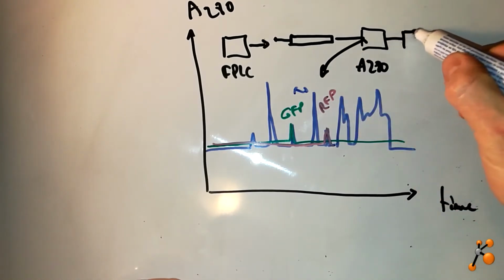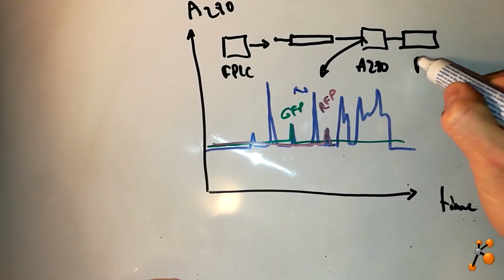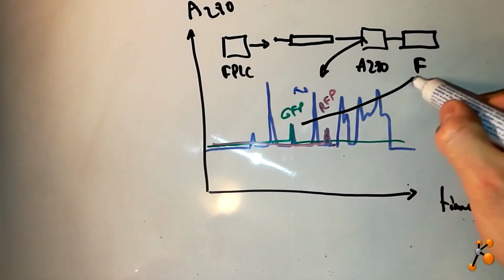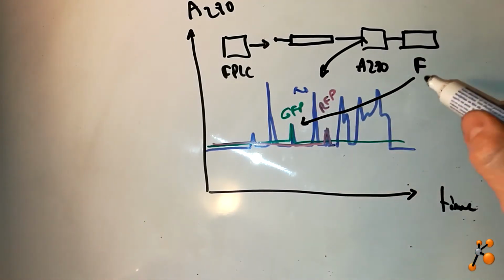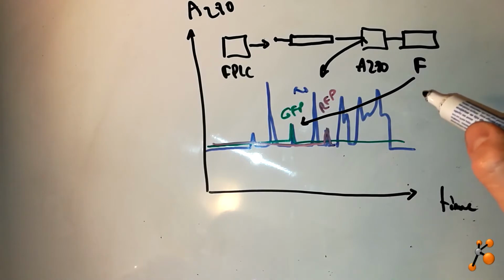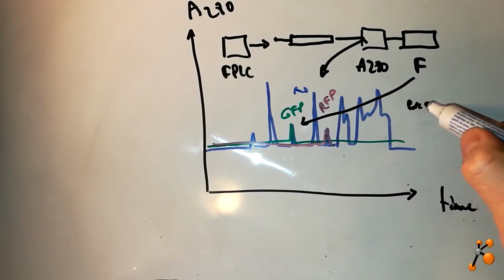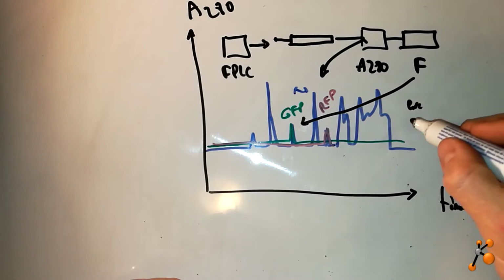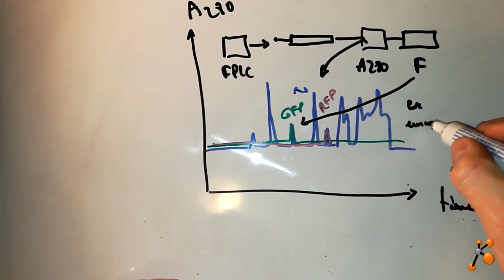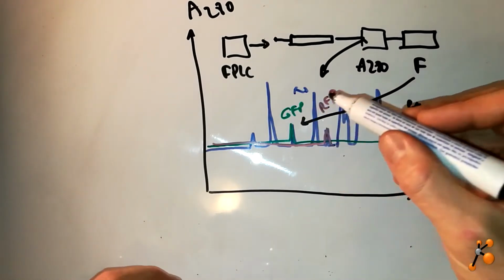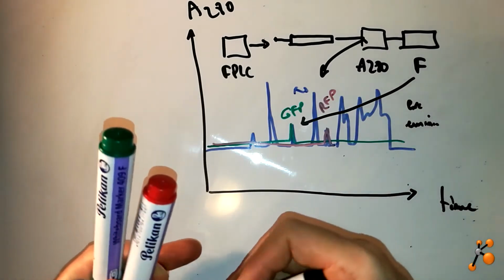And after that you have to add a fluorescence detector to be able to detect, for example, GFP. On this fluorescence detector you have to define excitation wavelengths and emission wavelengths, which will depend on the dye associated to your protein.